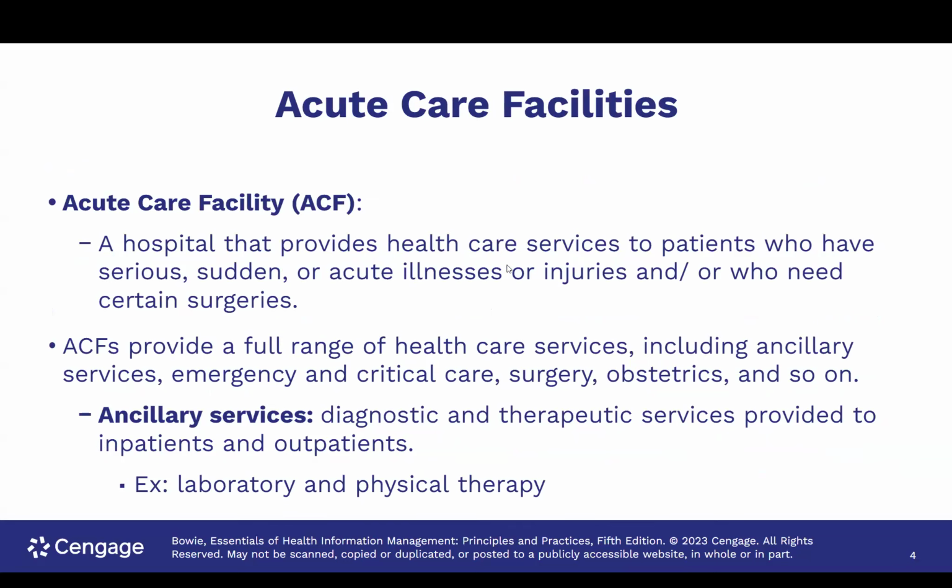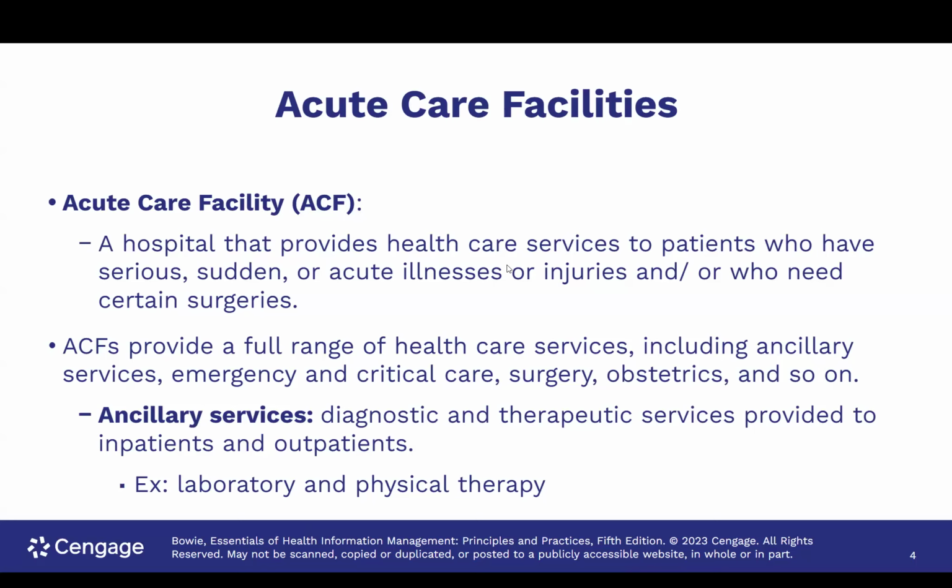So what do we mean by acute care facilities? We're talking about hospitals that provide healthcare services to patients who are admitted overnight. These are patients who have serious, sudden, acute illnesses and need surgeries. Acute care facilities provide the full range of hospital services.